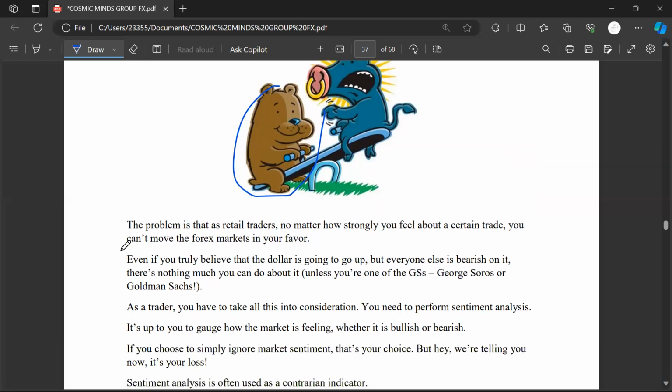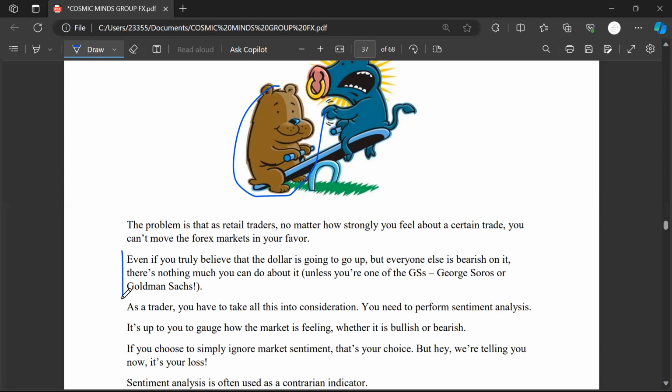Now, even if you truly believe that the dollar is going to go up, but everyone else is bearish on it, there's nothing much you can do about it. Now, as a trader, you have to take all this into consideration. You need to perform sentiment analysis. It's up to you to gauge how the market is feeling, whether it is bullish or bearish. If you choose to simply ignore market sentiment, that's your choice.